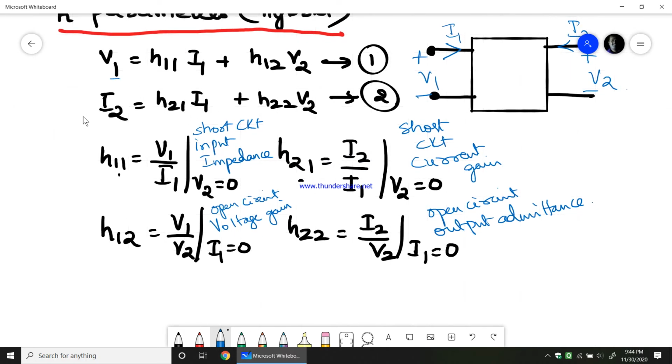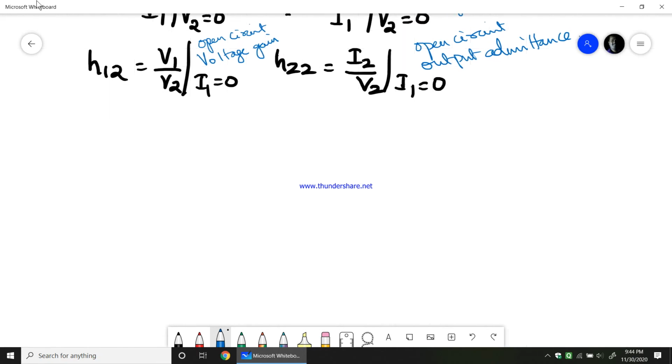Now, if I try to write the circuit for this, see here V1 is the voltage equation and this is the current equation. Therefore, again I will get a mixture of series and parallel at the output port.